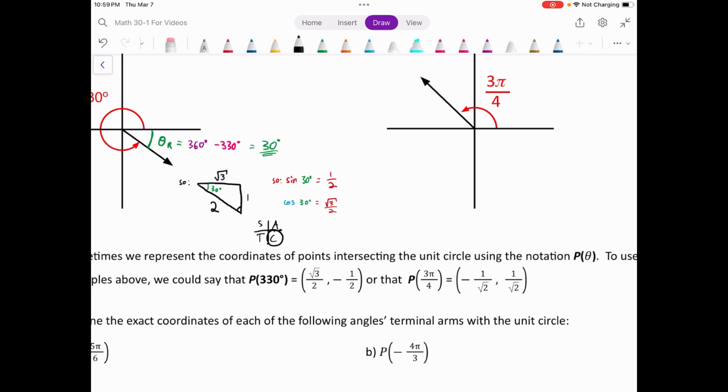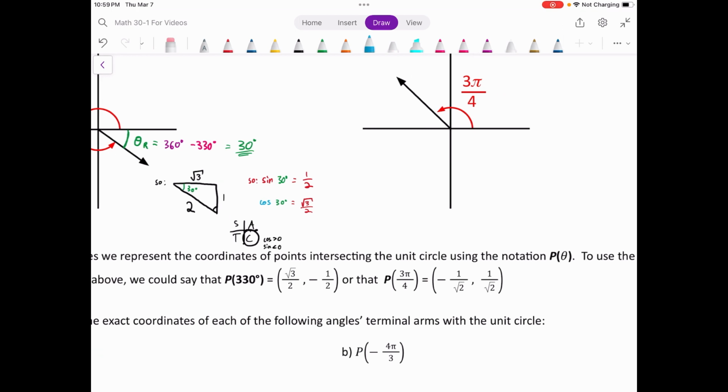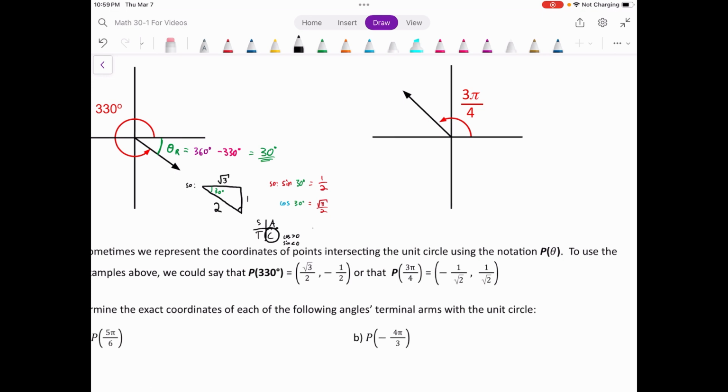So cos is positive, but sine is negative. Putting it together, sine of 330 is negative 1 over 2, because sine is negative in quadrant 4. Cos of 330 is positive in quadrant 4, so root 3 over 2.